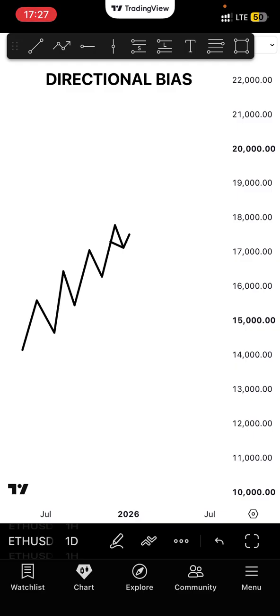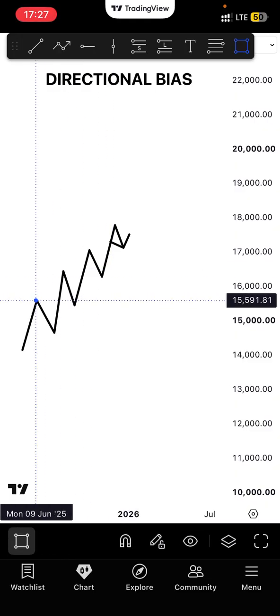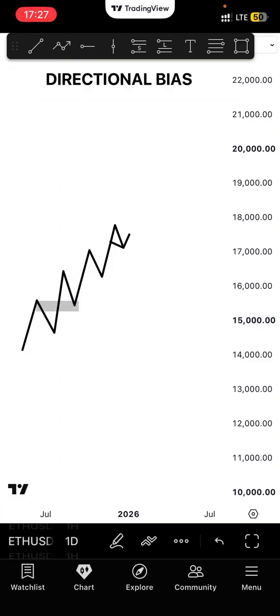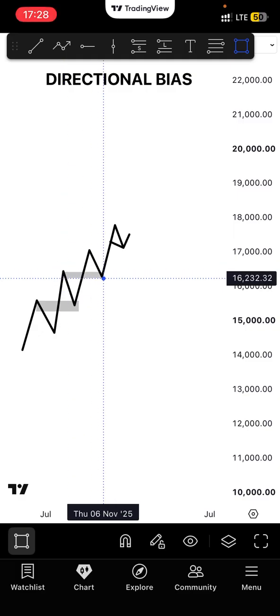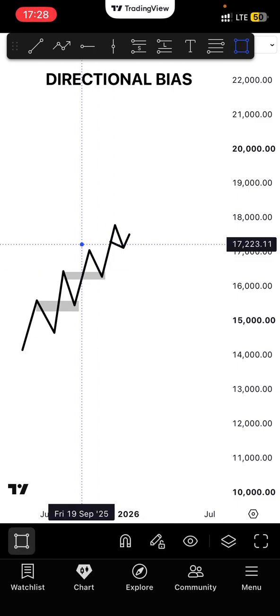I won't try to oppose the direction of the market. I would just look for buys. And if you understand market structure very well, once there is a break of structure, that's the same zone that price will likely come back to continue the buys, just like in this scenario here.